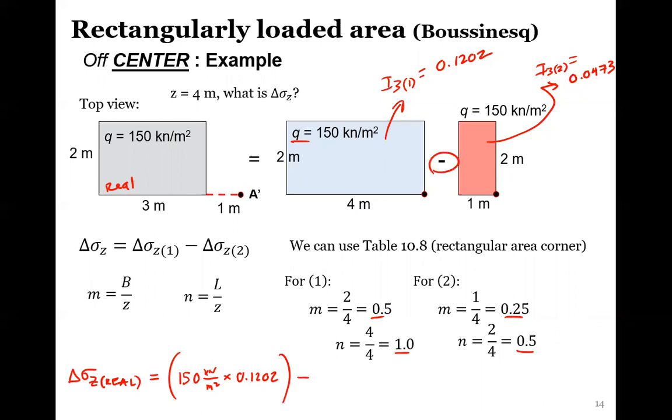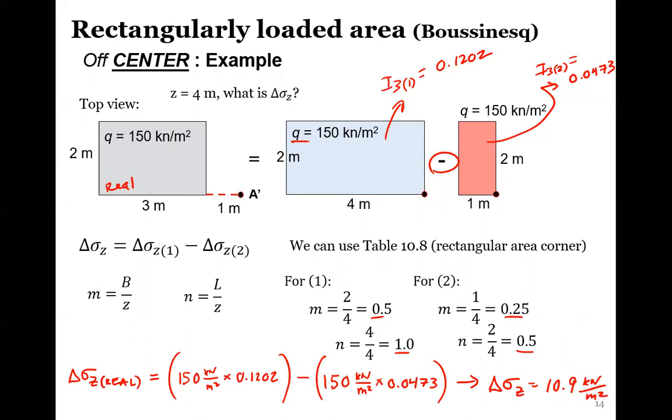We subtract, since we're taking out this area, 150 kilonewtons per meter squared times 0.0473. And so that means our delta sigma Z is about 10.9 kilonewtons per meter squared.